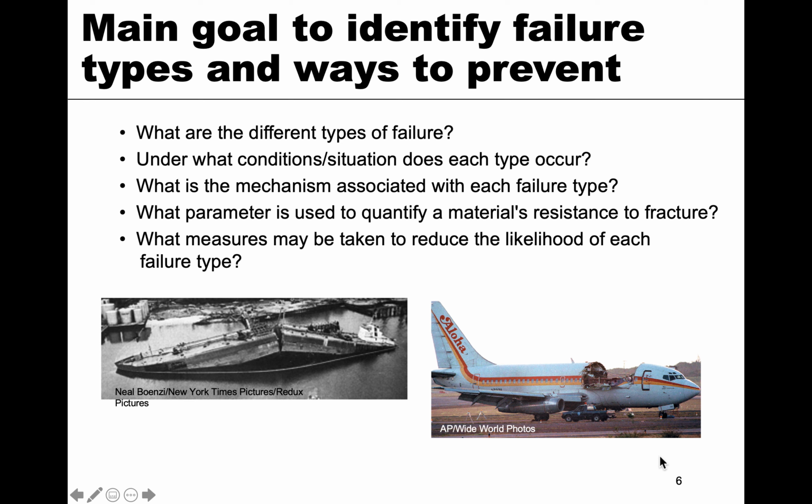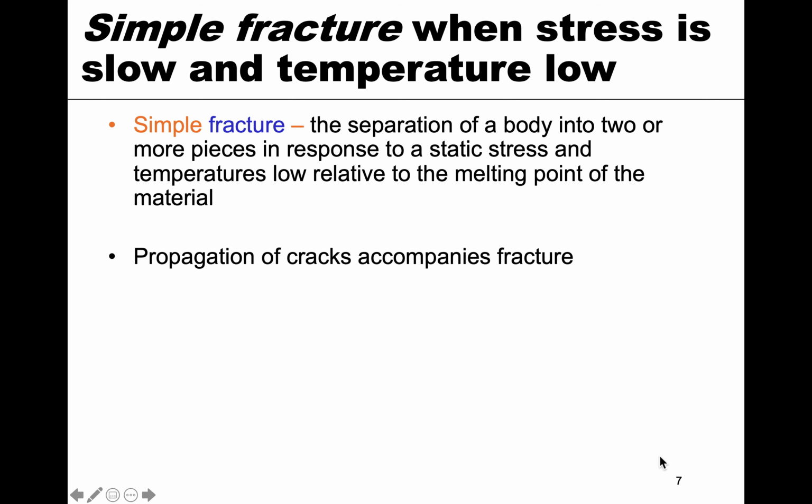And then what are the parameters used to quantify the material's resistance to fracture? How can we increase that resistance? We'll also talk about the measures taken to reduce the likelihood of failure. We want to look at all of these factors so that we can avoid a failure. So this is what the whole chapter is about: failure and how we prevent it.